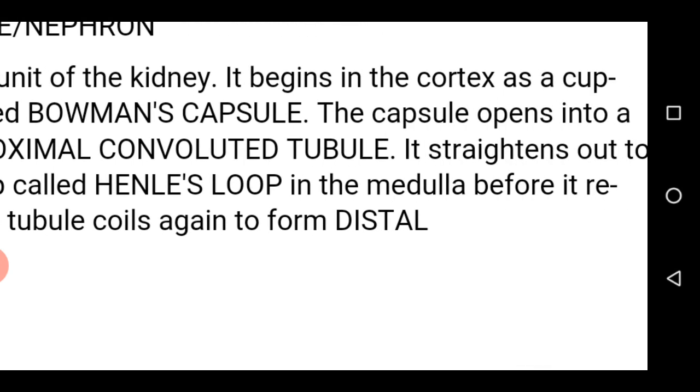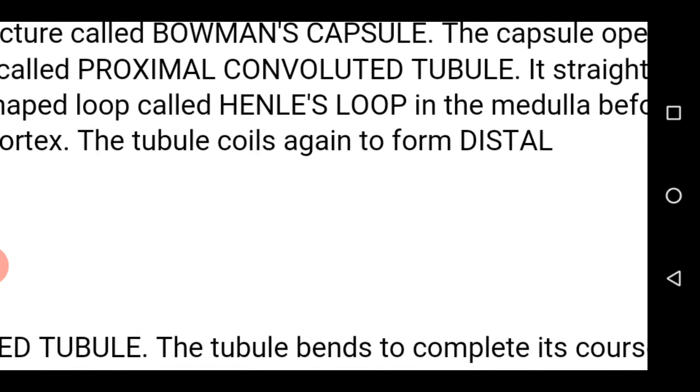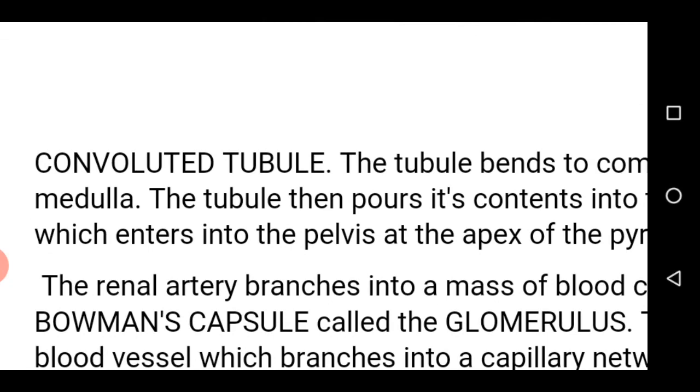That is the structure where the tubule has entered into the medulla at this particular time. Later, it re-enters the cortex. Then the tubule coils again to form the distal convoluted tubule.